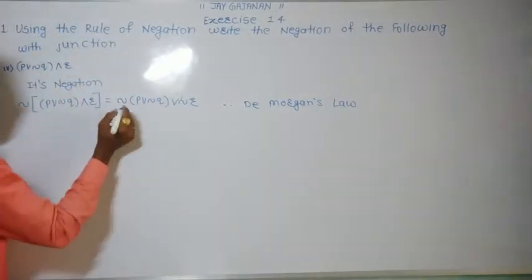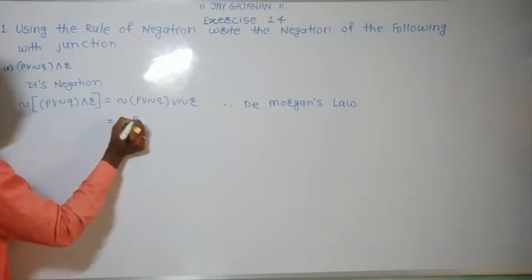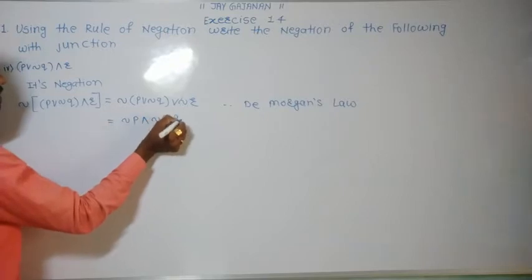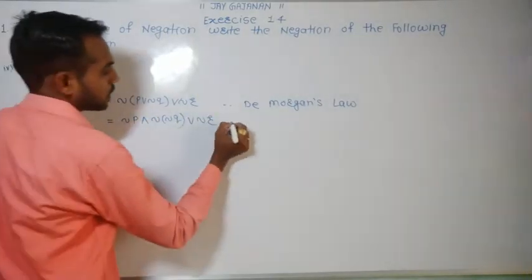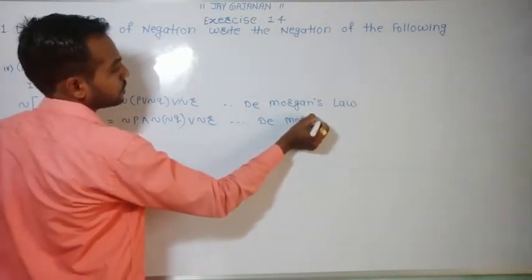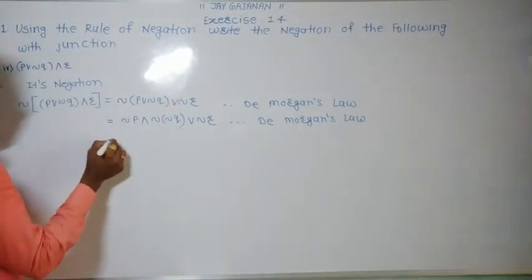Now we can solve easily. Negation of a conjunction means negation P, or replaced by and, negation of negation Q or negation R. Here again we use De Morgan's law. Now the negation gets cancelled.